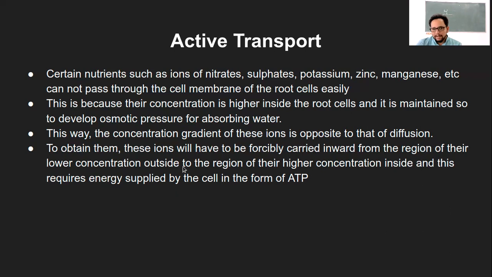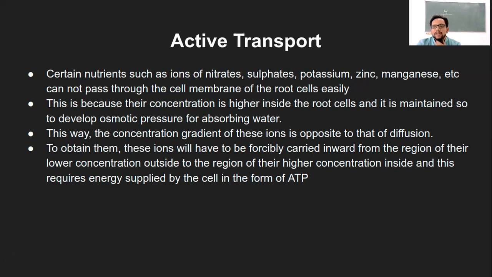To obtain these ions, they have to be forcibly carried from the region of their lower concentration, the soil outside, to the region of their higher concentration, inside the root hair, where minerals are already accumulated, and this requires some energy in the form of ATP. Okay, any question before I move forward?